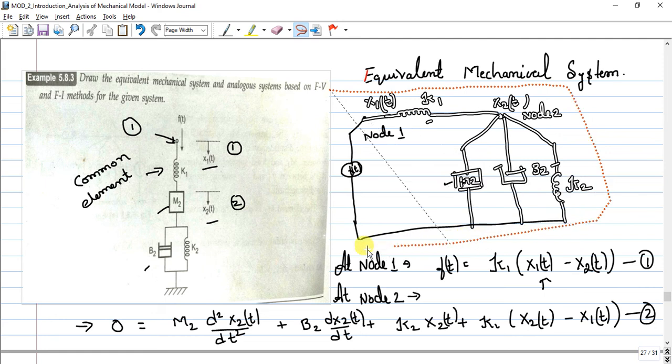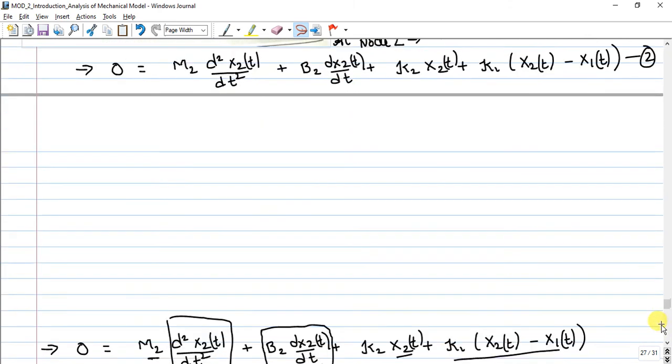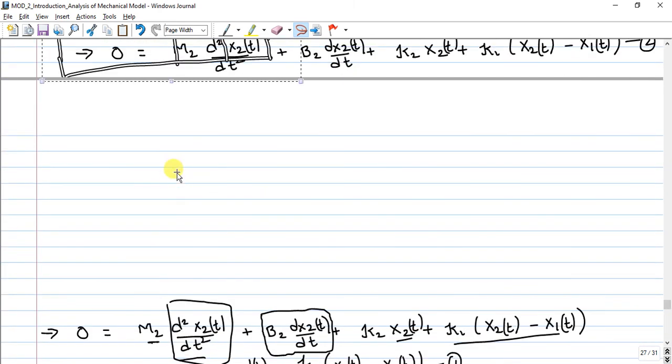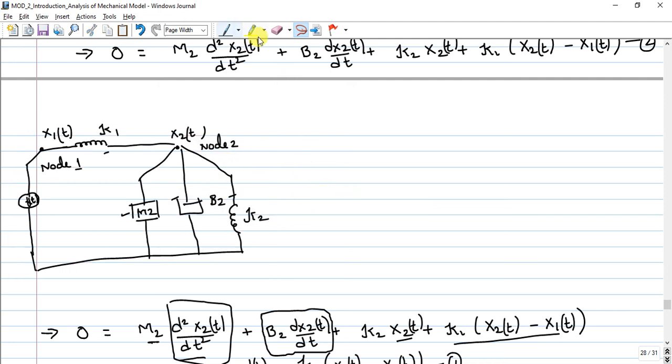In order to write the electrical network in terms of force current analogy, it is very easy. You need to replace with electrical elements. f of t will be replaced by I, so that will be the input.